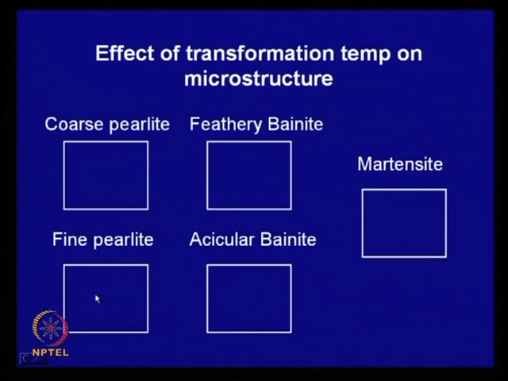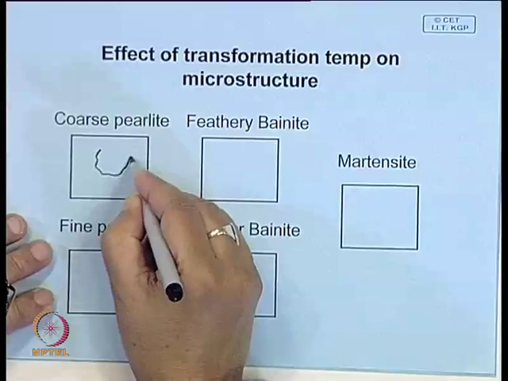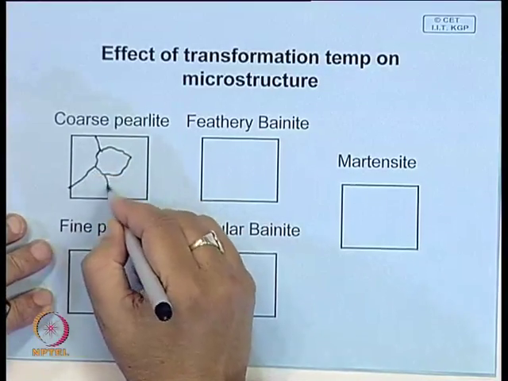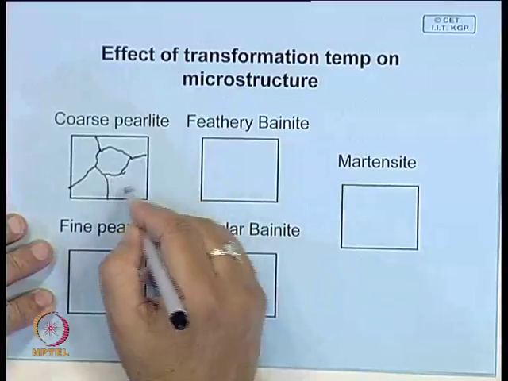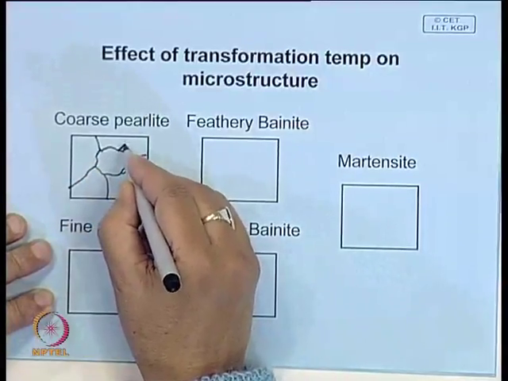And let us now look at the nature of this structure, what it looks like. Pearlite we have seen. Say this is what happens in the austenite; these are the austenite grains. So you have this austenite grain, and here pearlite starts forming a cementite nucleus.